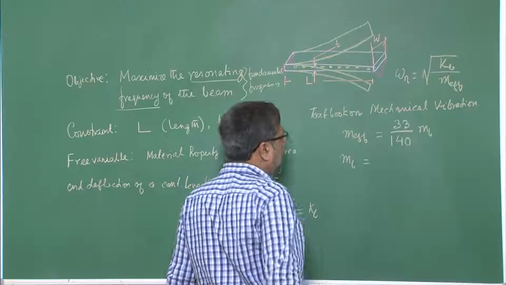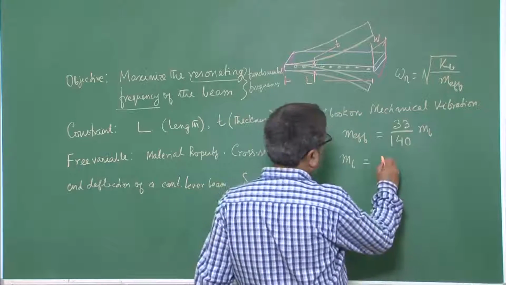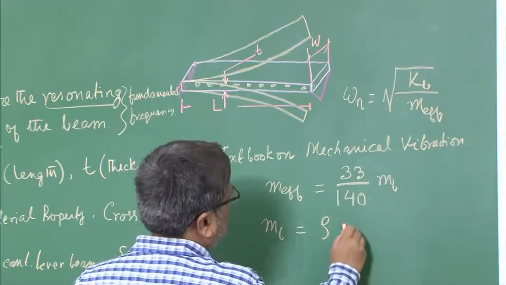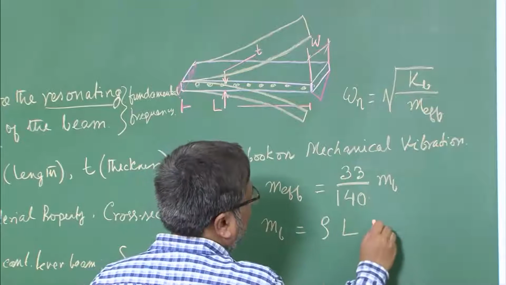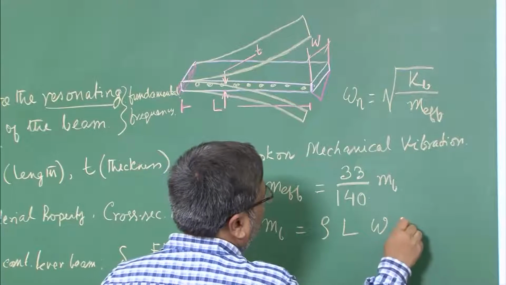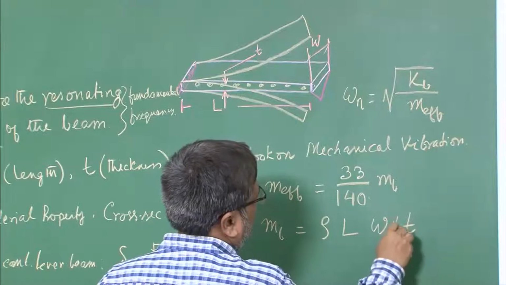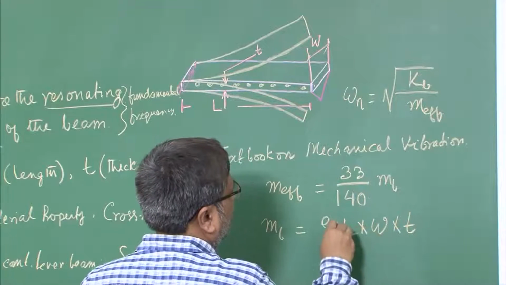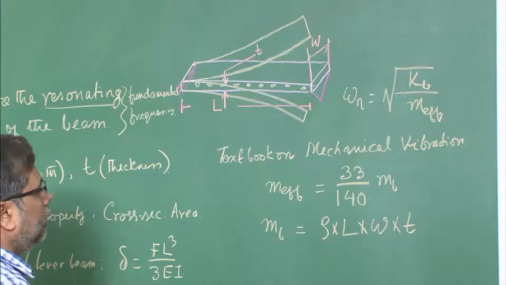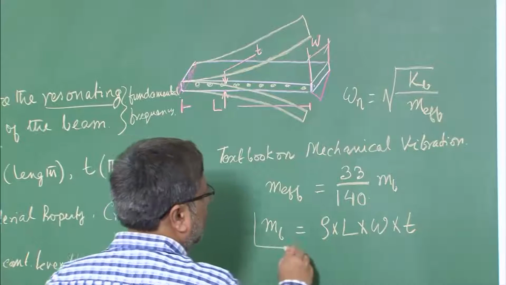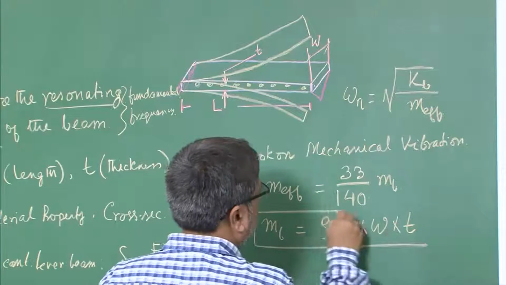MB we can write as rho times length times W times T, right? Rho L W T, that is the MB, the mass of the beam.